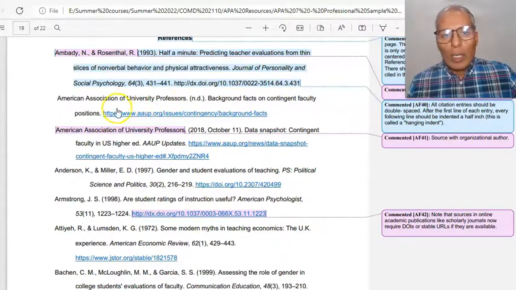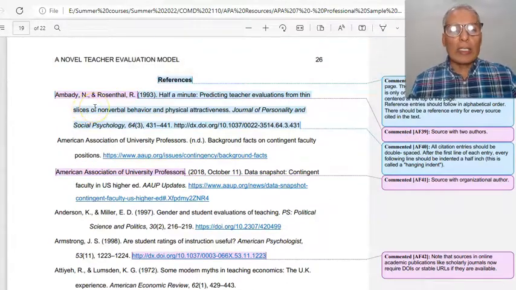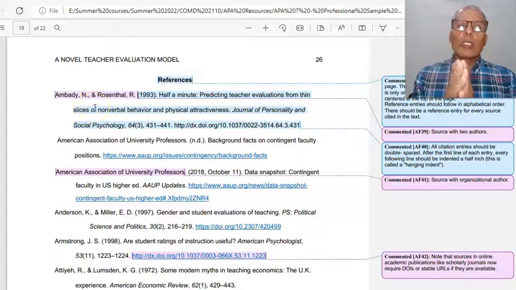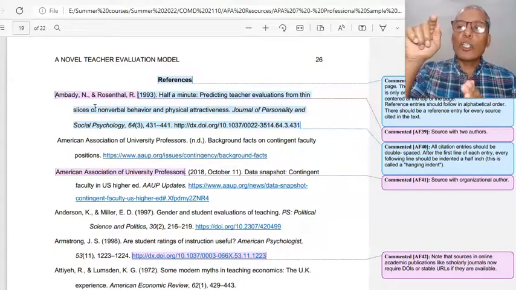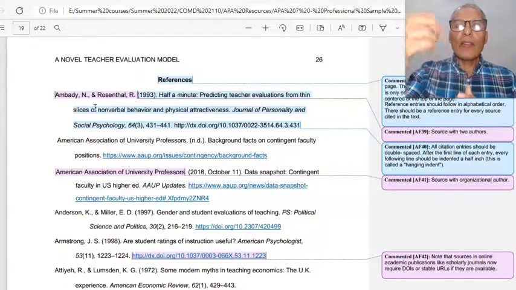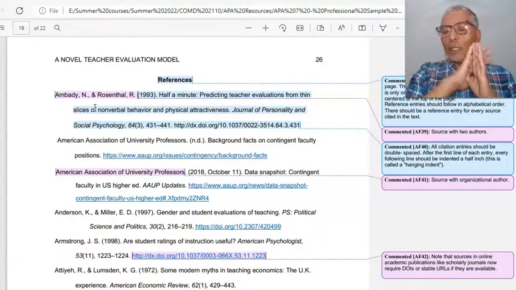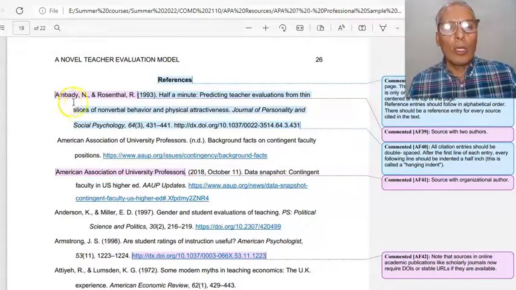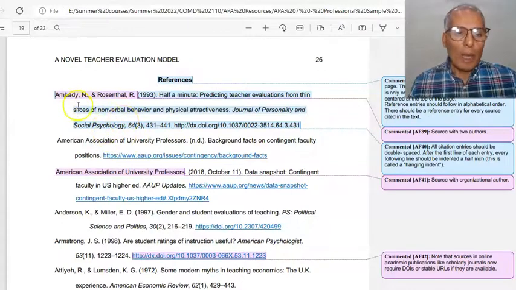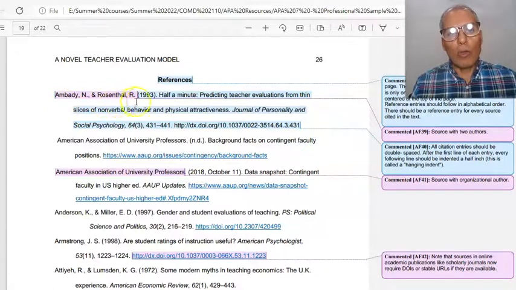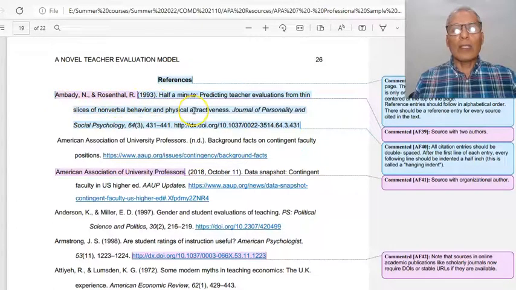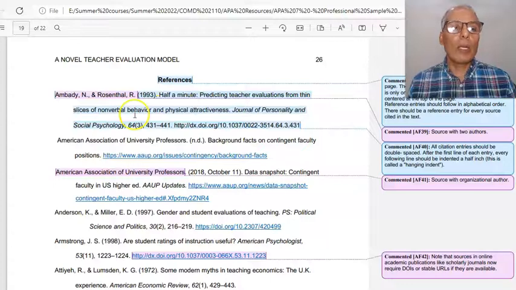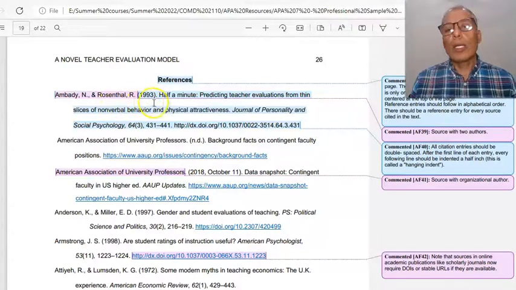Anyways, you notice that the reference list only includes references that you mentioned in the text, and it doesn't include anything other than what you mentioned in the text. So if I go up there, I should be able to find Ambady and Rosenthal, 1993, cited in the text, where you have taken information and told me just briefly, this is from Ambady and Rosenthal, 1993.